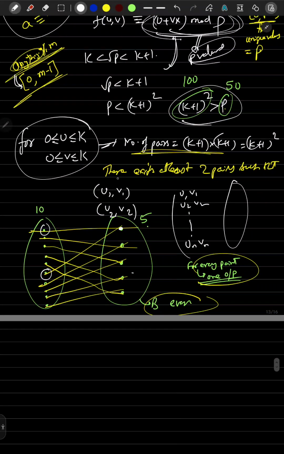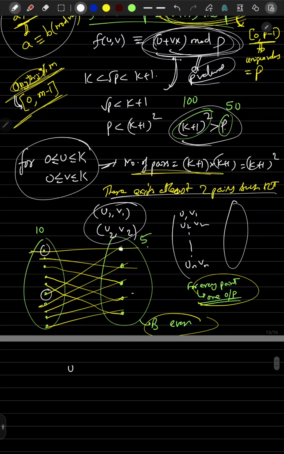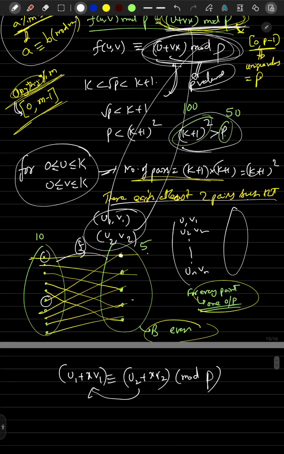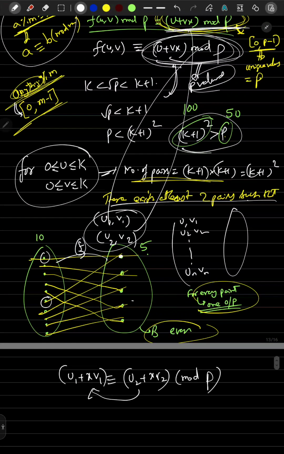So there exist at least 2 pairs, u1 v1 and u2 v2, which satisfy this condition. So u1 plus x into v1 is congruent to u2 plus x into v2 mod p. Now shift terms to the left side.